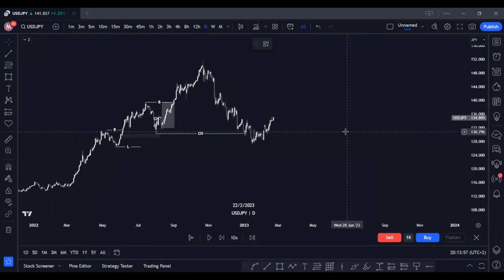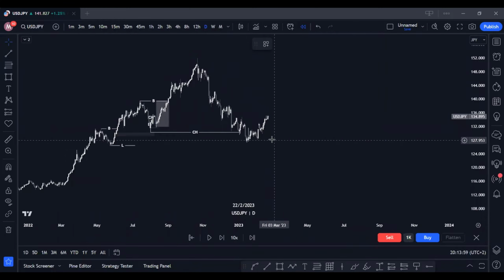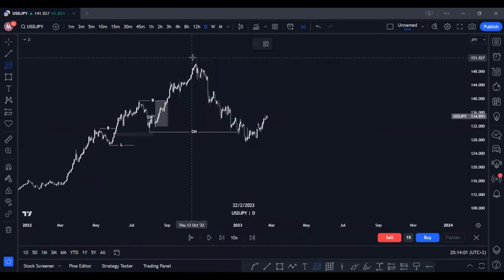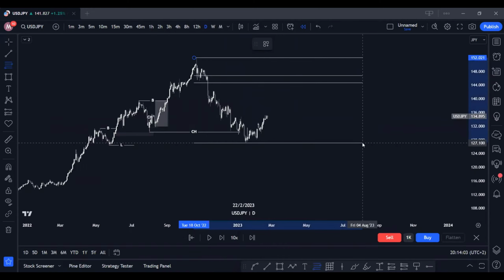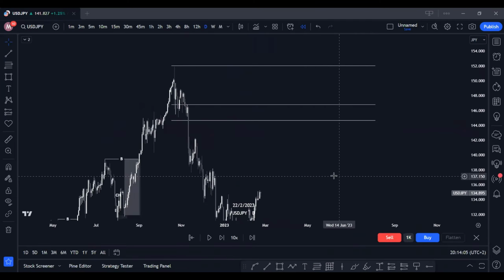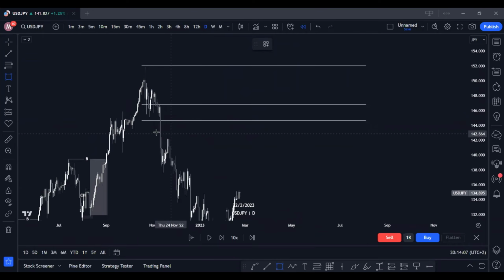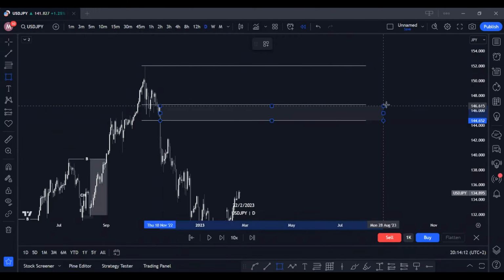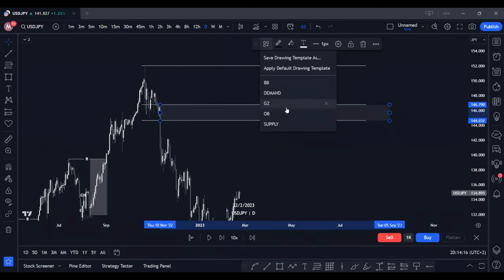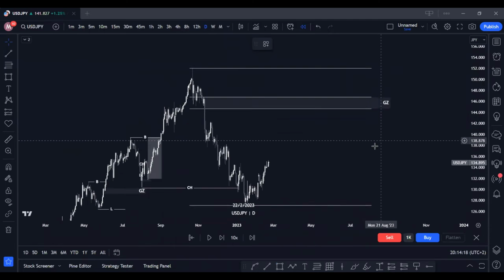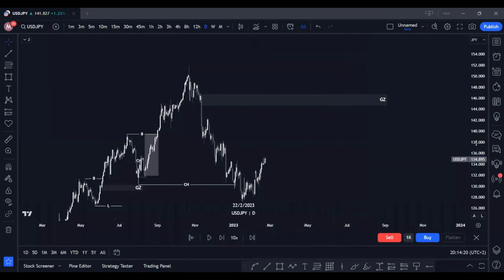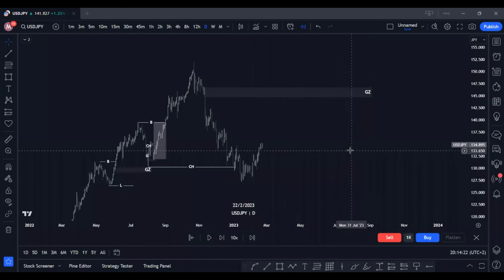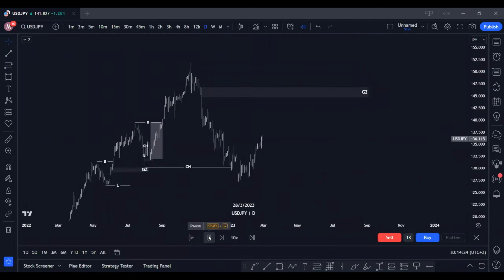So immediately when you have this, you're looking to take our golden zone entry here, which also highlights our supply zone here. This is our golden zone entry where we're looking to take our selling entries from. So let's play price and see.